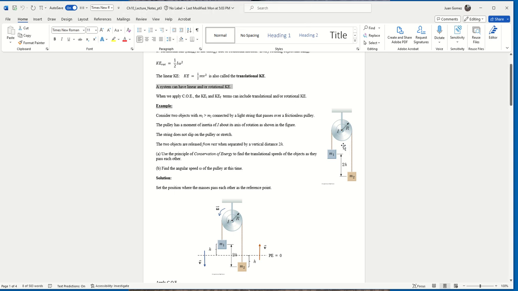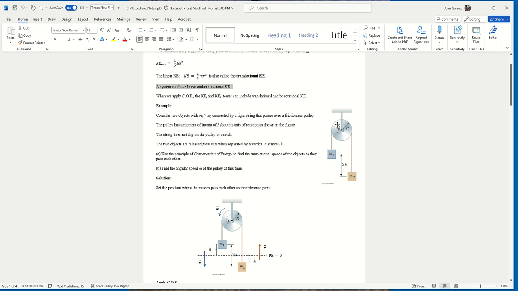Let's look at this system here. You've got two masses, M1 and M2, connected by a light string, and this light string passes over a frictionless pulley. The pulley is fixed to rotate about an axis that passes through the center. It has a radius of r.